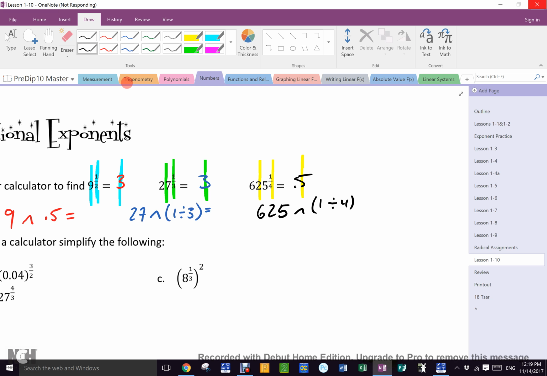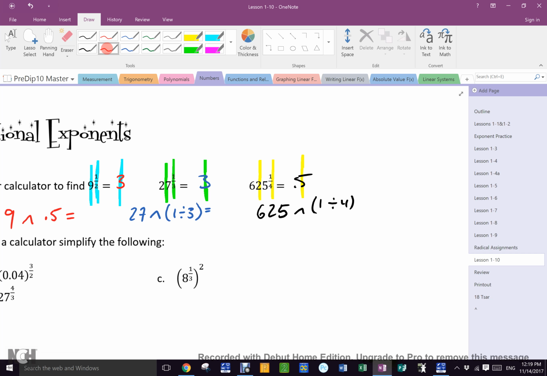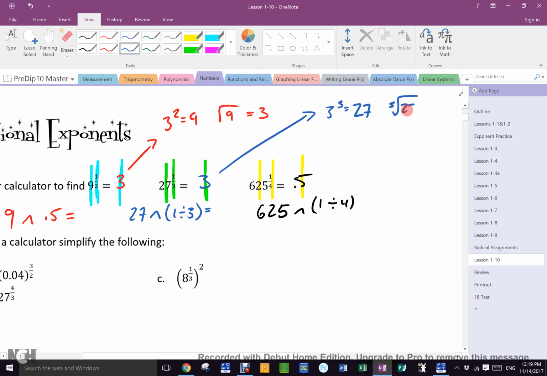We know that 3 squared equals 9, and we know that the square root of 9 equals 3. Correct? We know that 3 cubed equals 27, and we know the cube root of 27 equals 3.